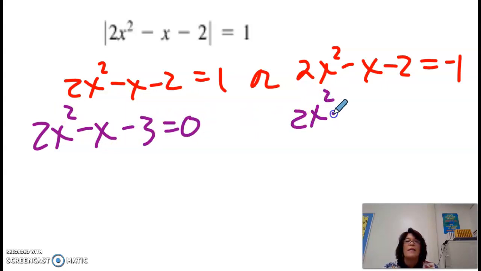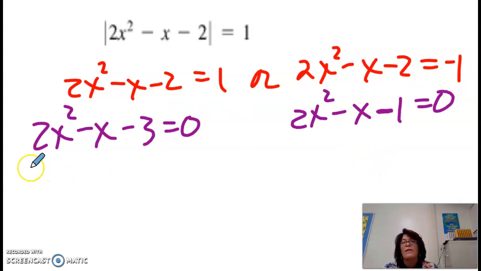I'm adding 1 to -2, just to get equal to 0.